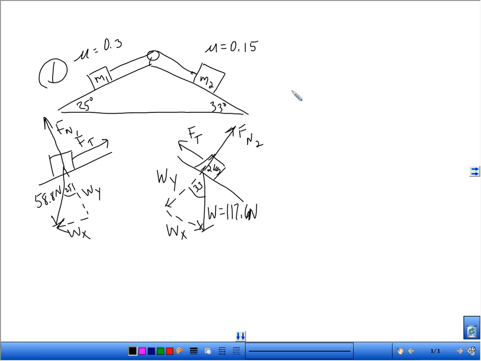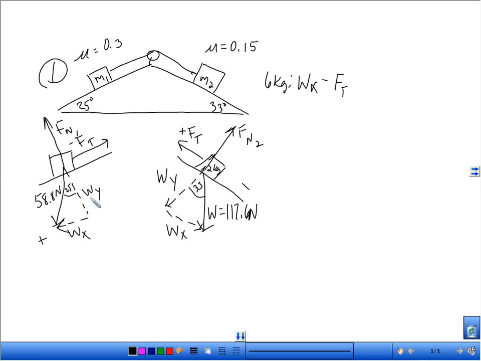Okay, so now I'm ready to write my equation. So for the 6 kilogram object, I know that I have Wx down the ramp. I have force of tension up the ramp, so I'm going to make that be negative. So this will be positive, and this will be negative. This will be positive, and then anything down the ramp will be negative. And I have some friction here.